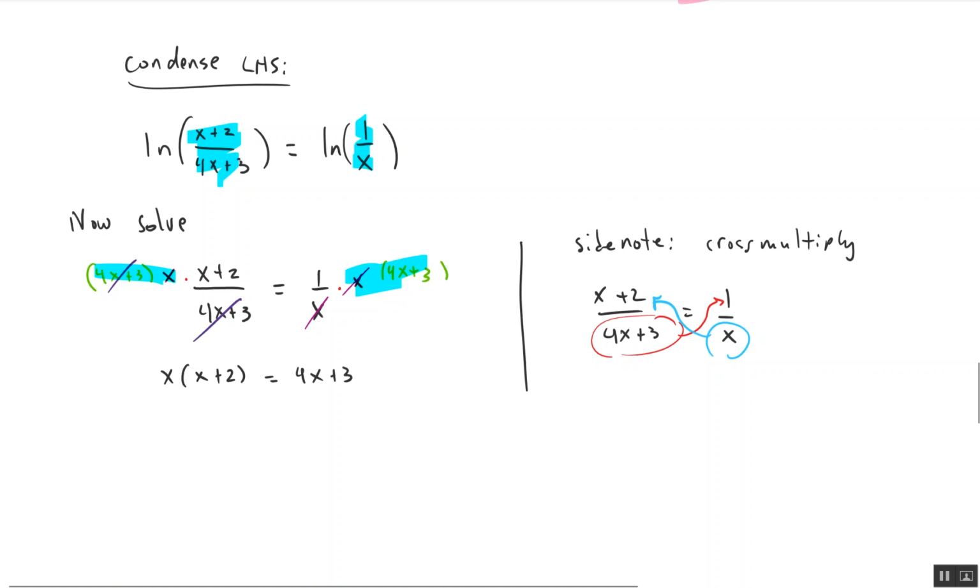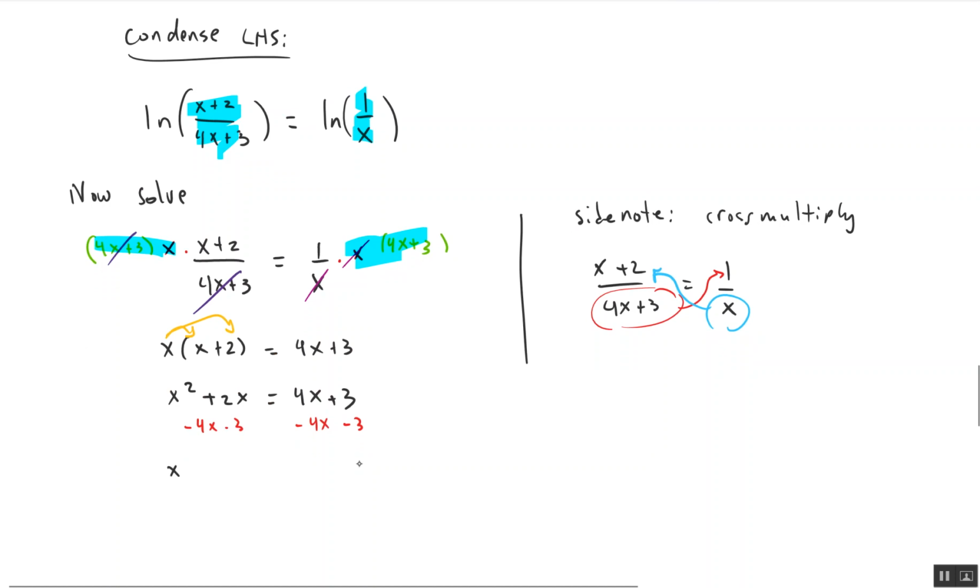So we need to multiply the x through, so we get x squared plus 2x equals 4x plus 3. We need to take the 4x plus 3 to the other side. Minus 4x minus 3, same thing over here, minus 4x minus 3.